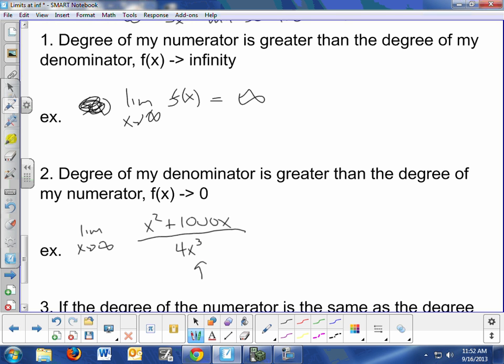Since 4x cubed is the most influential, as x is approaching infinity, this will grow faster than this. And since this is growing faster than this, my denominator will continue to get bigger and bigger than my numerator. My numerator won't go that fast. We'll be approaching 0.